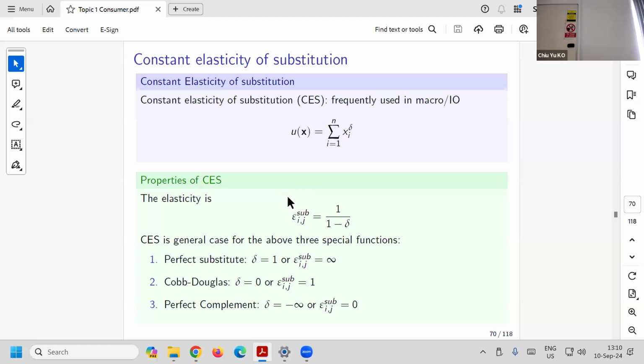And in terms of theory, this function is easy to do calculus. Although there's no closed form solution in many cases, the FOC is easy to characterize. So that's why I give 3 special cases, and I recommend that when you write a model, you try with the 3 cases.